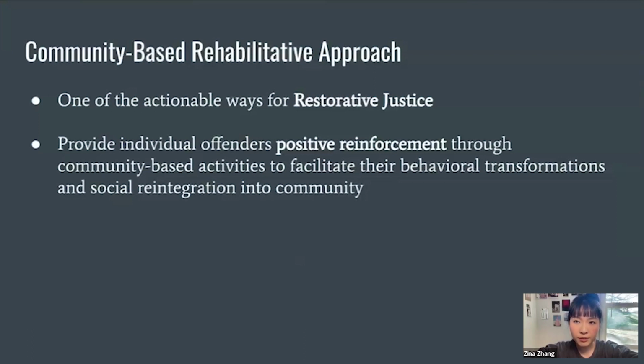This approach aims to provide individual offenders with positive reinforcement through community-based activities to facilitate their behavior transformation and social reintegration into the community. Some criminologists argue that offenses are learned behaviors, which implies they can be unlearned through offender re-education. The core principle of this approach is to enact change at the cognitive level, thereby influencing offenders' future behaviors accordingly.